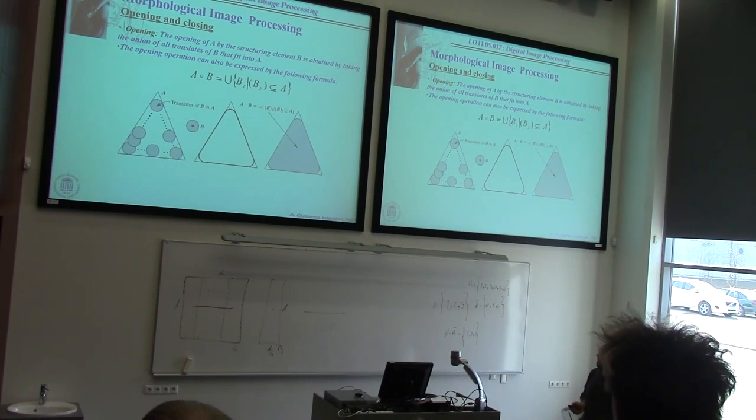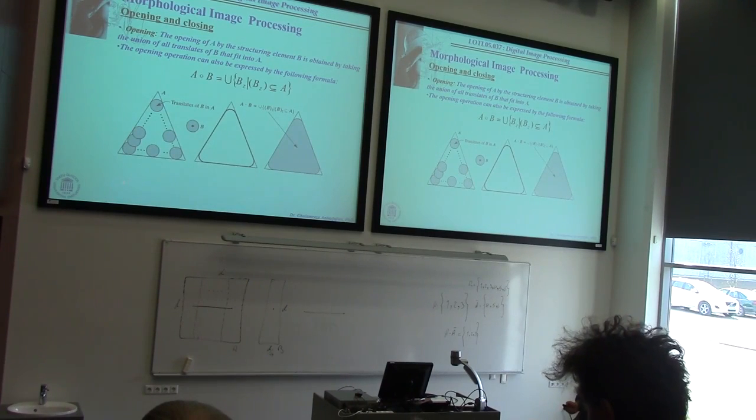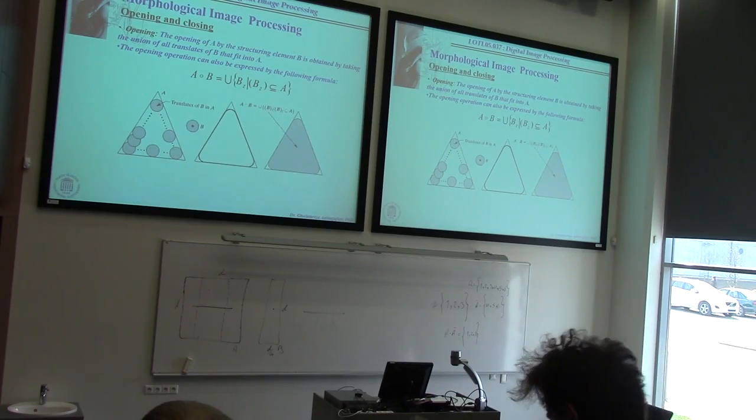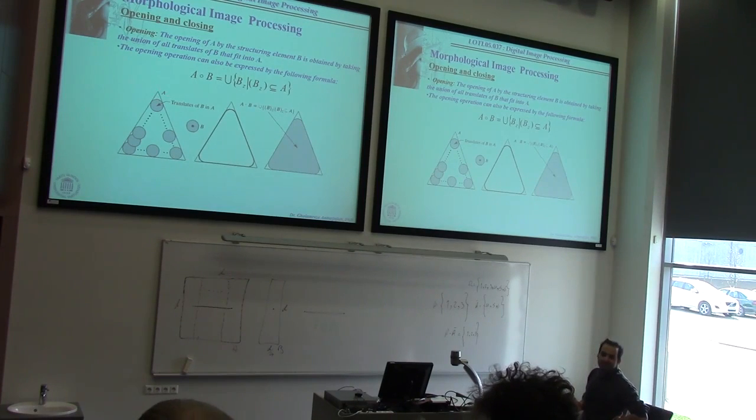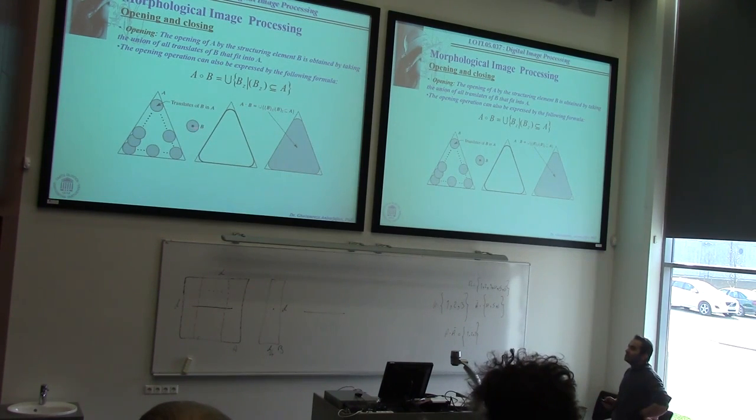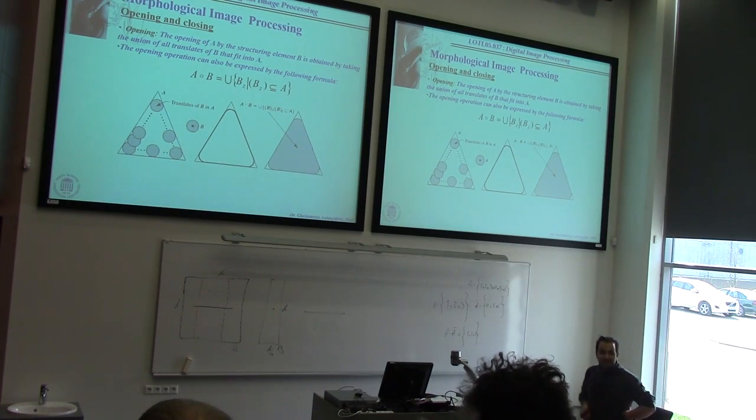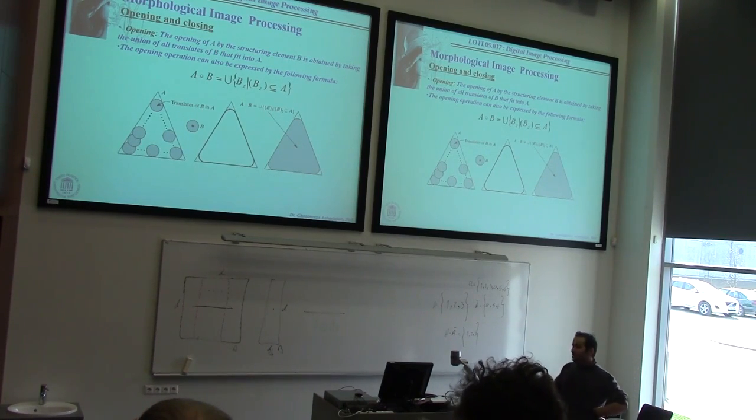If we want to apply the opening operation on the image, assume that we have an image like this, or we can call it a set like this, and the structural element is like this. What happens after applying this to this for the opening? We know that for the opening, first we have to find the erosion of these two sets.